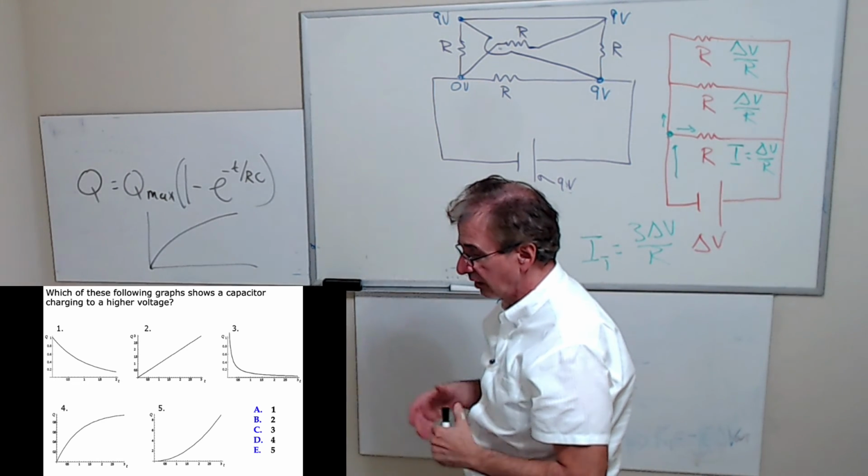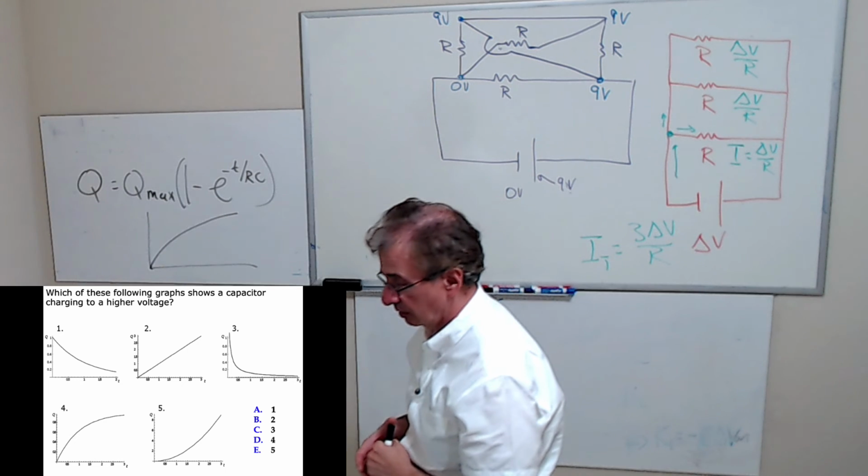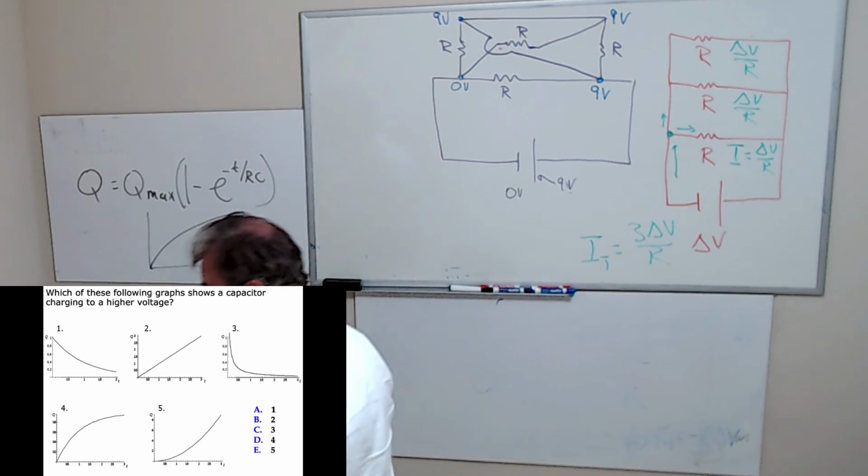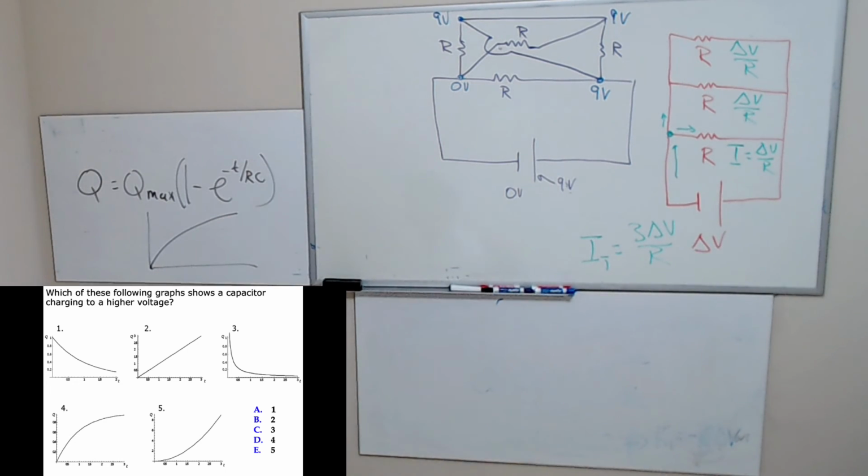Selection number 1 would represent the current in the circuit as the capacitor is charging. Graph number 1 could also represent the current in the circuit when the capacitor is discharging.